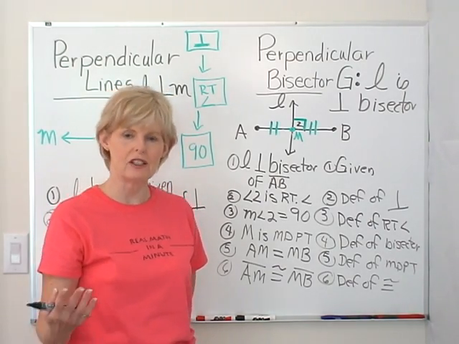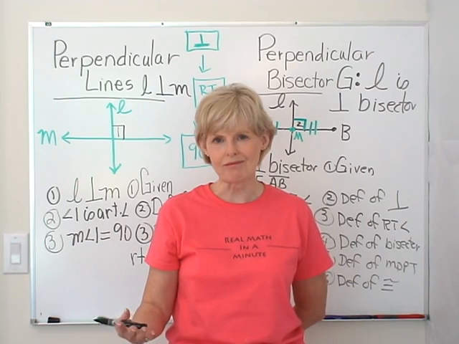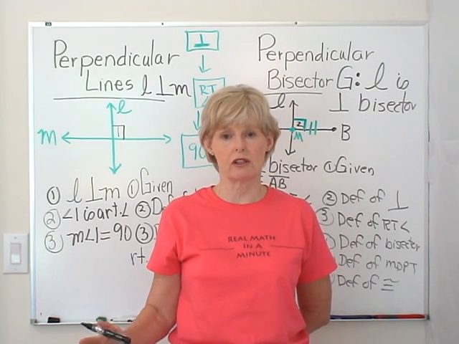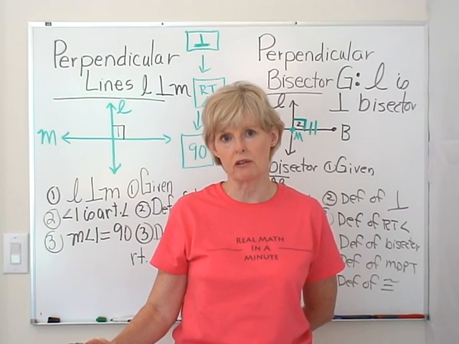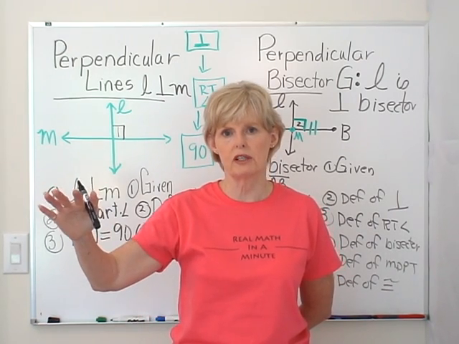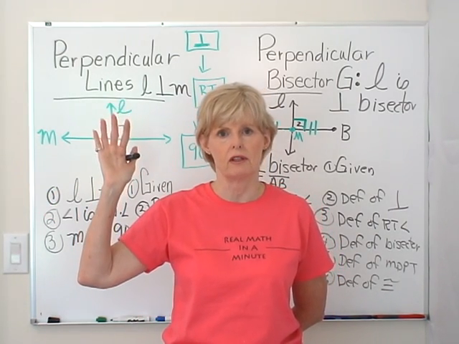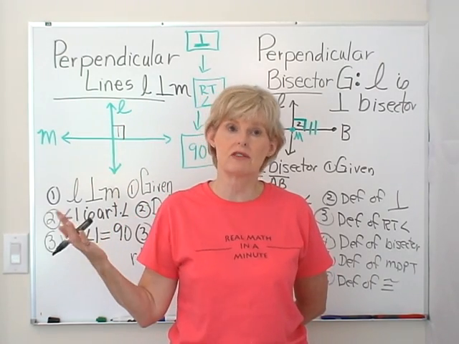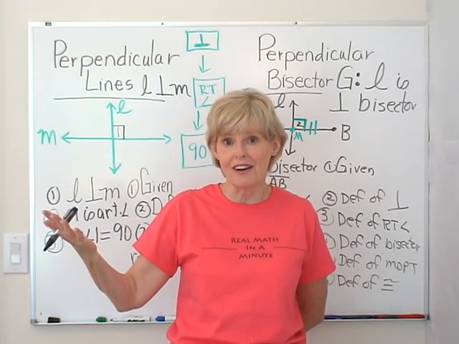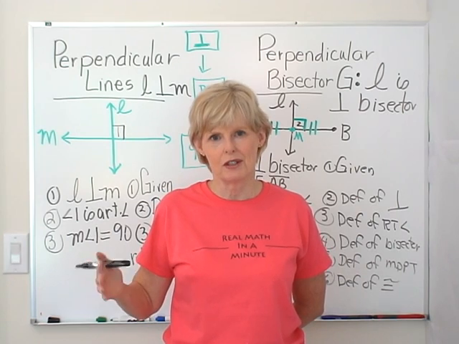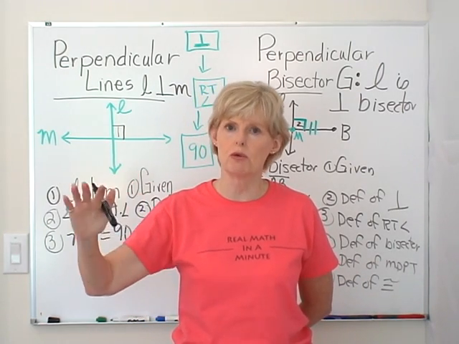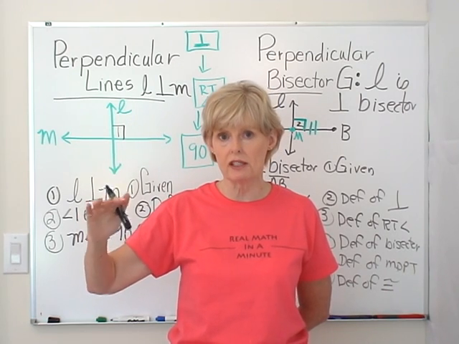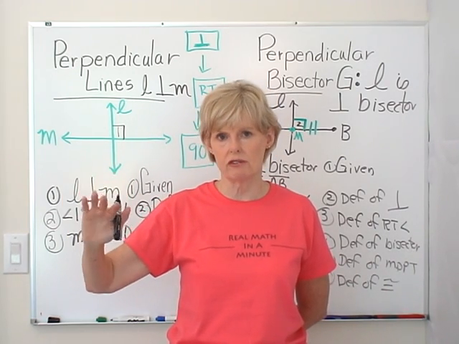So spend a little time making sure that you're in complete control of, first of all, the definition of perpendicular. Don't jump from perpendicular and say, oh, I got a 90-degree angle. And I know some of you are saying, well, it's the same thing. I know you are, and it is the same thing, but when you're really trying to do formal proofs and formal thinking, then you don't want to leave out a single step.